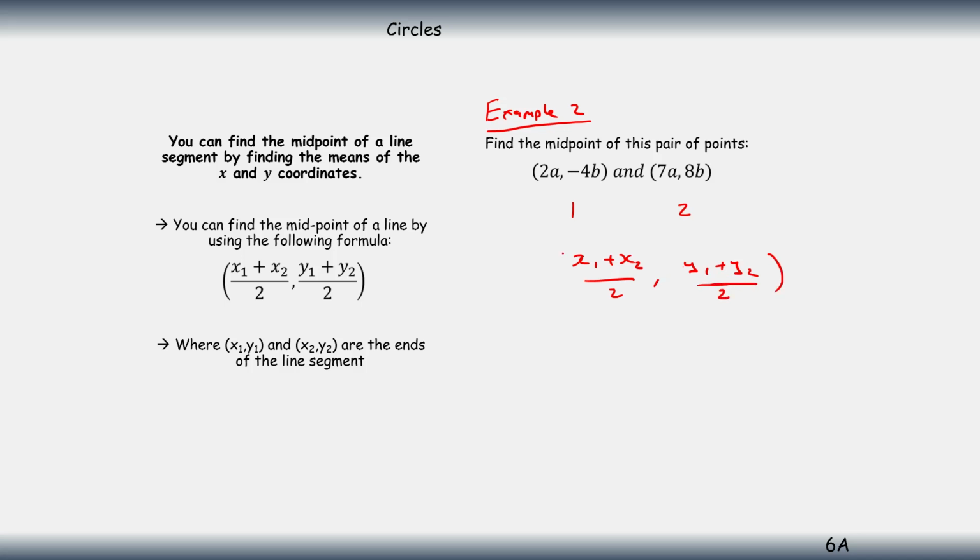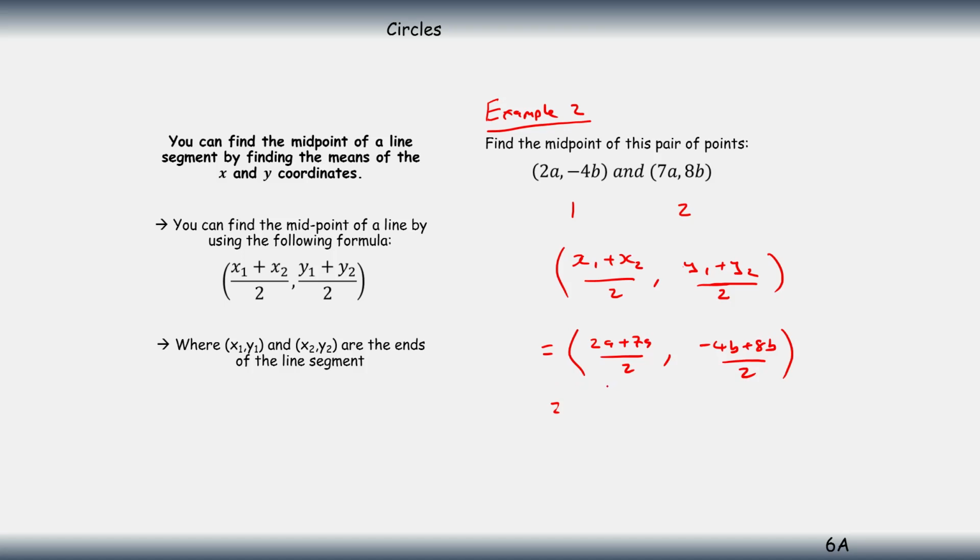Don't forget our brackets. That's going to be equal to, so that's x1 and x2, 2a plus 7a divided by 2, and our y coordinates minus 4b plus 8b divided by 2, brackets around them.